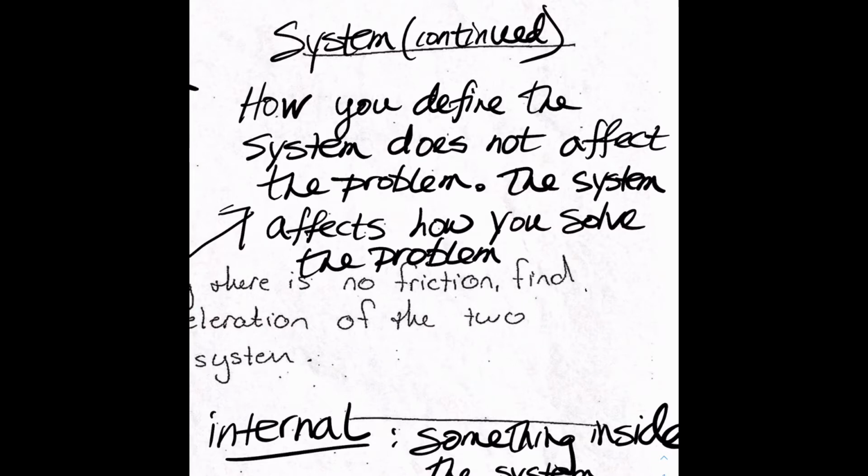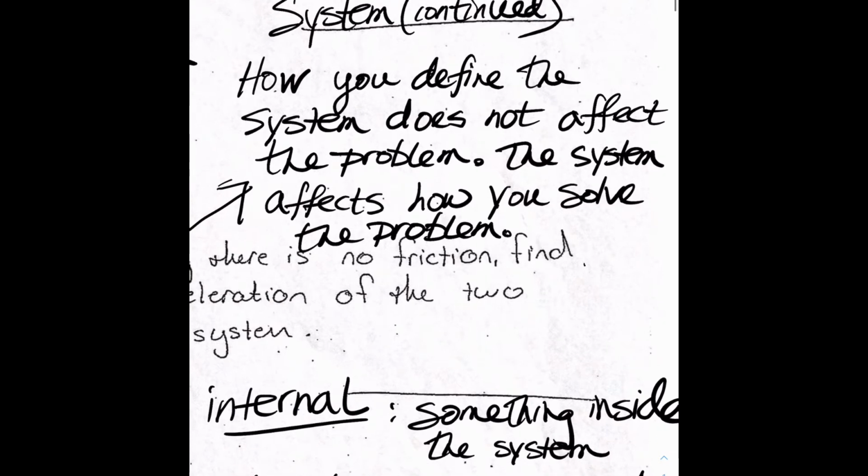All right, this is a key idea. So what I'm trying to say here is that how you define the system, right, doesn't change anything. So meaning if you are looking at these blocks and you define the system to be 2 blocks and I define the system to be just 1 block, the blocks don't care what we think about the problem, right?